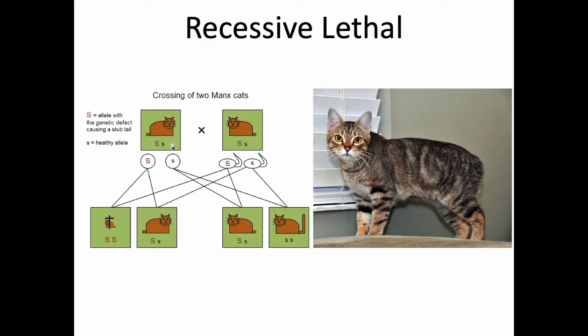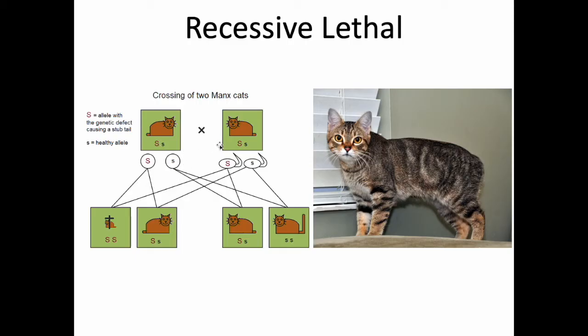S is very confusable, but again, stub tail S, that's why they picked S. So yeah, here's the heterozygous individual with only one copy of this recessive lethal allele, and yeah, it's alive. It has a phenotype, it has a stub tail, but it's not dead.